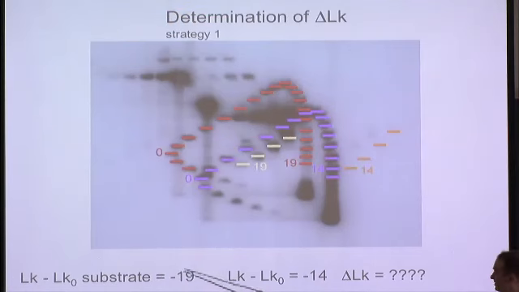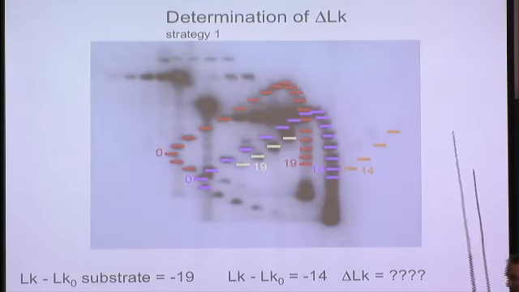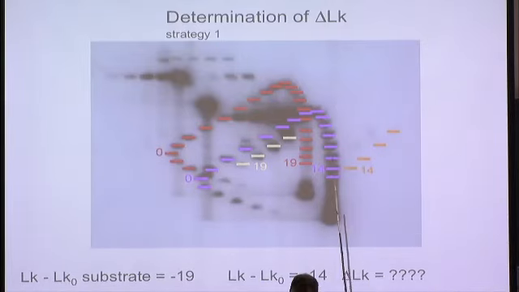We've said Lk minus Lk naught for the substrate is minus 19, and for the product, minus 14. But the problem is we don't know how much linkage has gone into that small circle. If we were just to assume for the sake of convenience that it's probably about minus 1, we would get a delta Lk of plus 4. But I'm not going to ask you to do that.